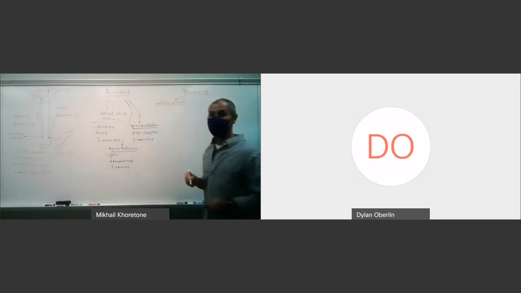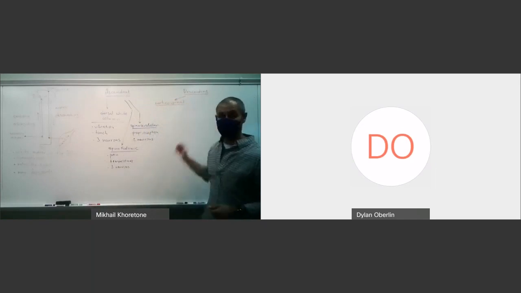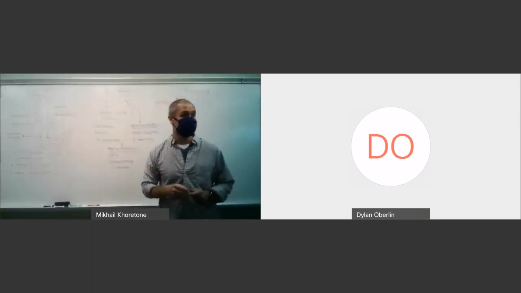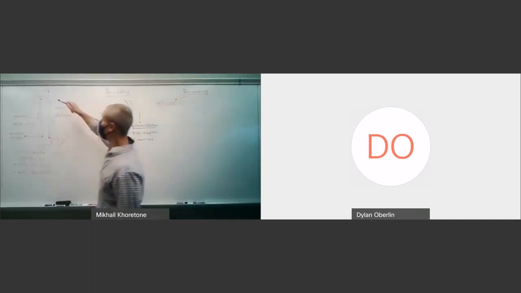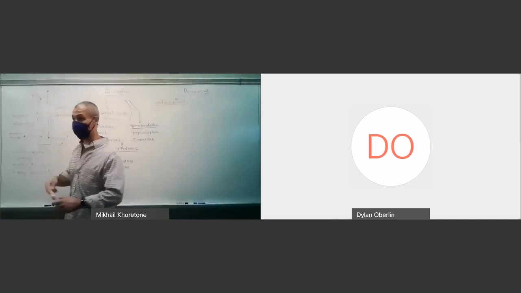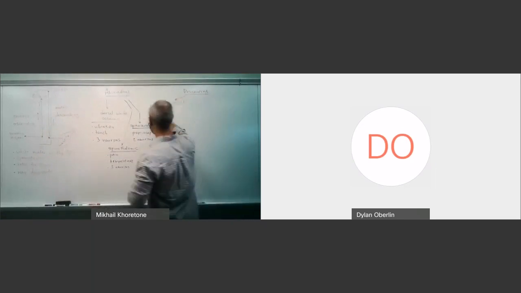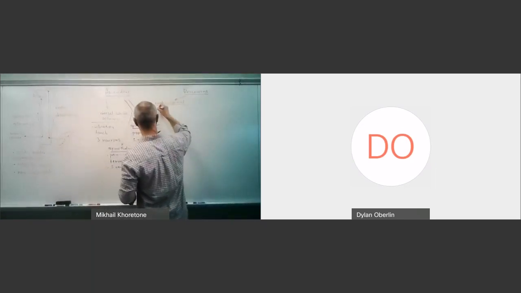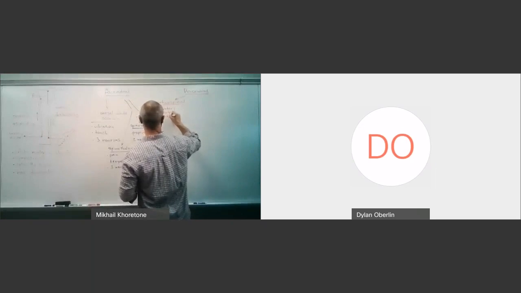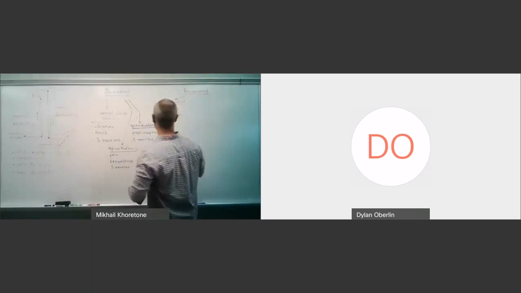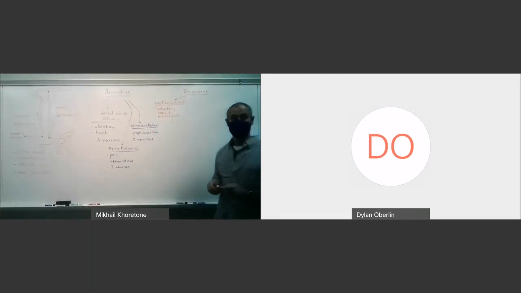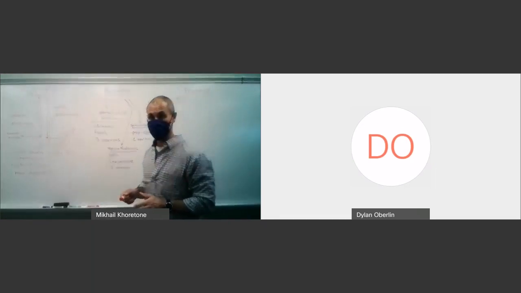Okay. So all descending pathways have 2 neurons, right? No exceptions. Upper motor, lower motor, okay? Now, the corticospinal pathway conveys voluntary muscle movements. Does that make sense?